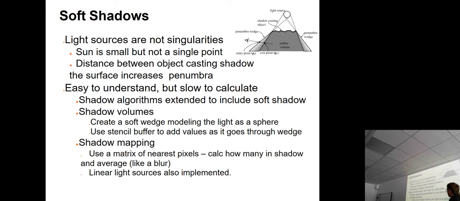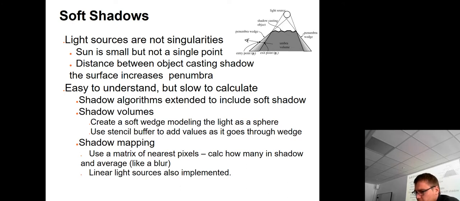So soft shadows are very expensive to calculate because the question is how complex your soft shadow functionality is. It makes it a lot harder to have an accurate representation of a soft shadow than it is to have it for a hard shadow.